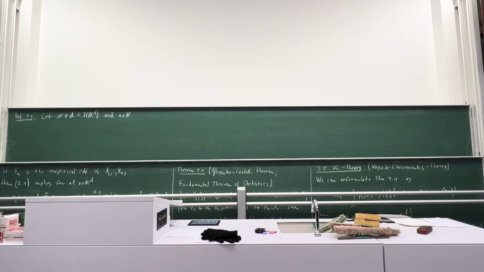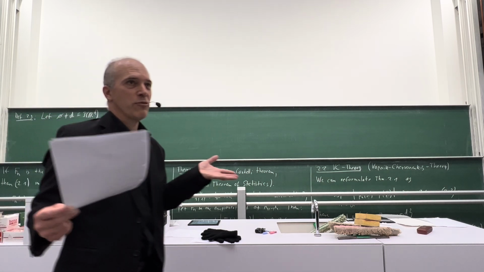And then I define some property of the subsets of RD, of calligraphic A, which has nothing to do with the distribution, so nothing to do with randomness.